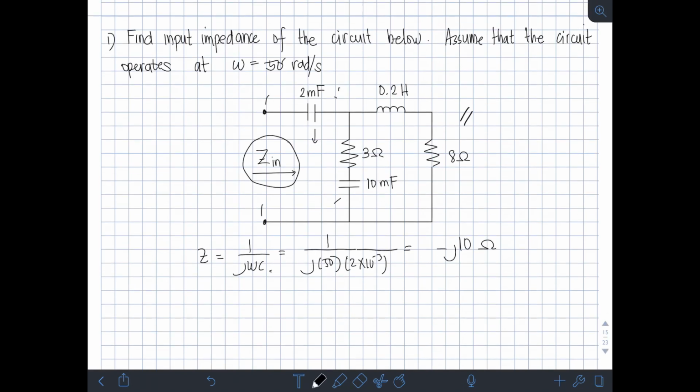Then for the 10 millifarad, 1 over j, the same omega of 50, times 10 raised to the negative 3 power, since it is also millifarad. So, that equals negative j2 ohms. What else? These two resistors stay as is, since we don't change them in impedance.